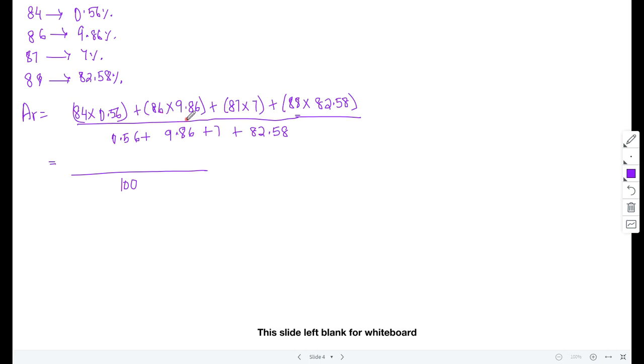Yeah, 87.7. That's the final answer. Okay, good. So my answer will be 87.7. So my final value, the relative atomic mass of strontium, will be 87.7.